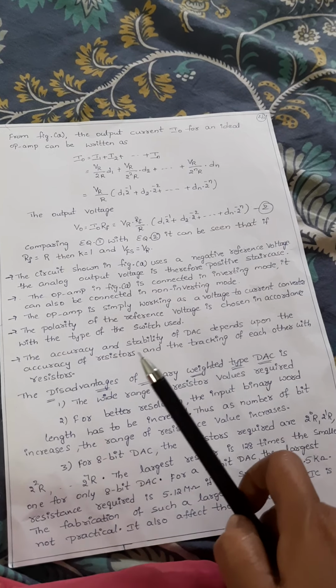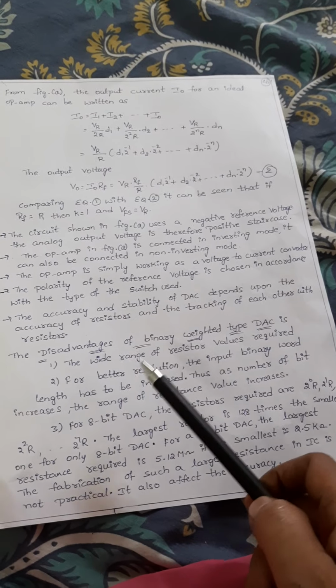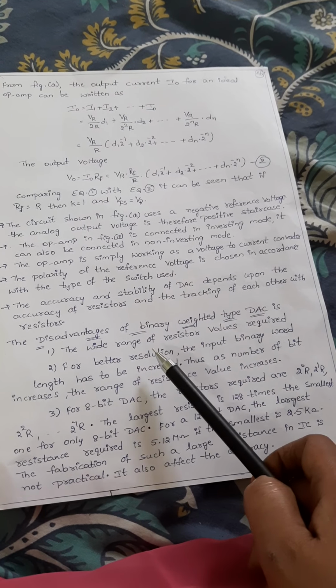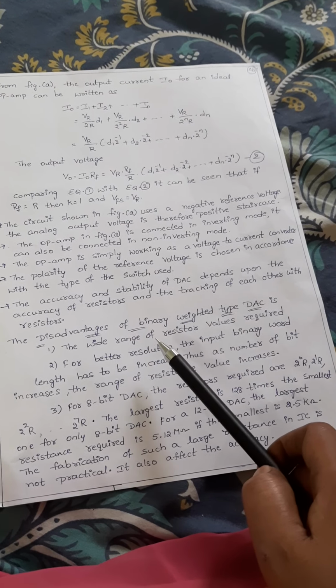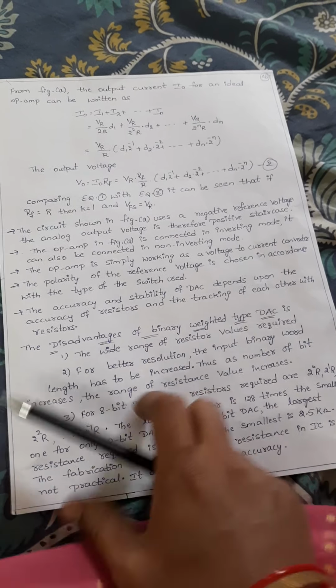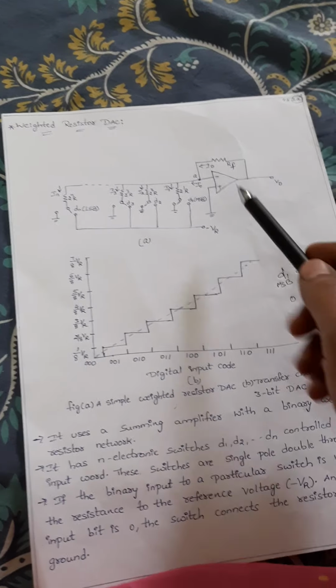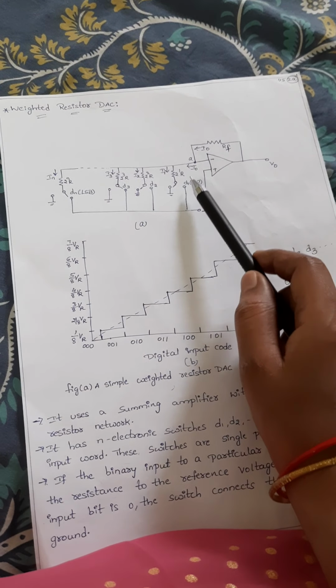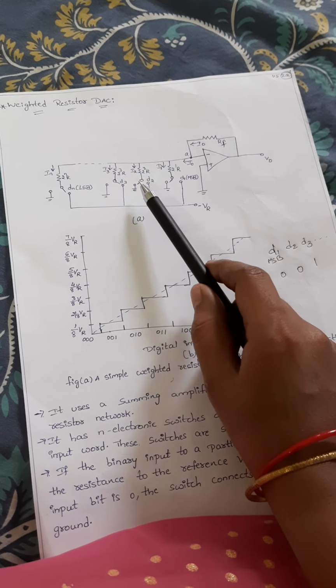resistors we are using. For better resolution, we should increase the binary input word. If we increase the binary input word, then the number of resistors also should increase. Is it right? For one resistor, one binary word.